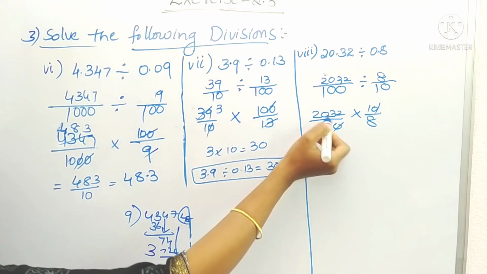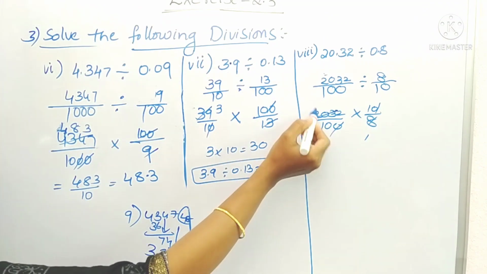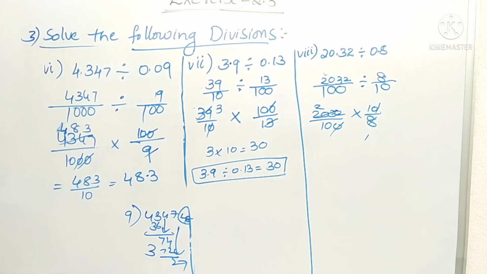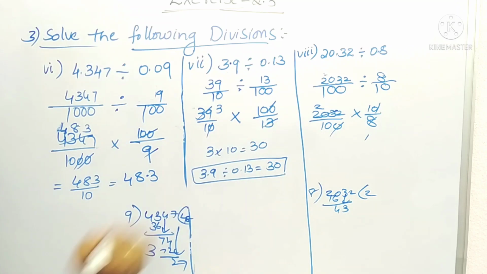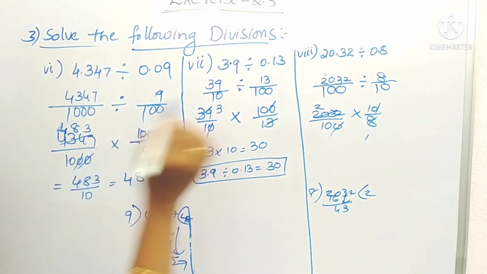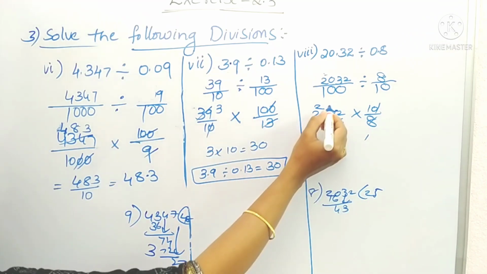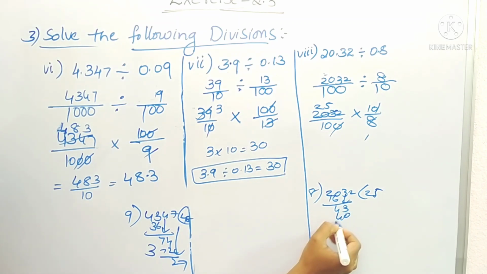So here 8 4s are 32, so it will divide. 8 2s are 16, 4 will be there, so it will be 4. Next, 8 5s are 40, right? So 8 5s are 40, 3 will be there and it will be 32.